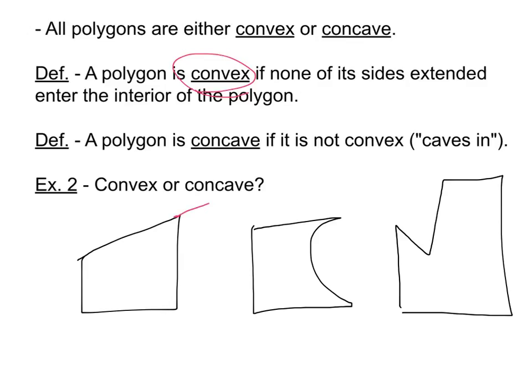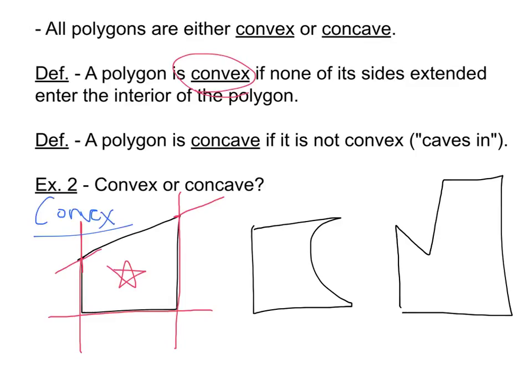Well, let's extend them. Here I'm extending the side, I'm extending the side. You can do this in your mind or on paper. And no matter how I extend them, it never enters the interior, which is the area between the sides, the closed part of the figure. So since it never enters the interior, we can declare this convex.